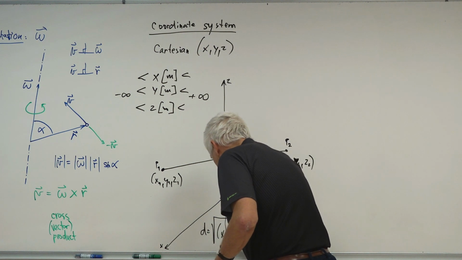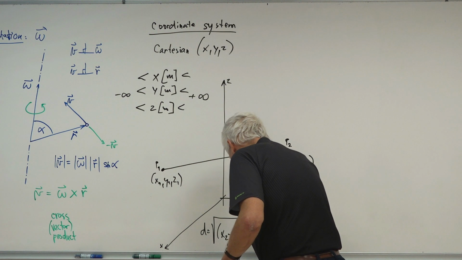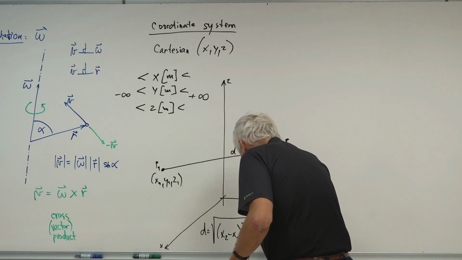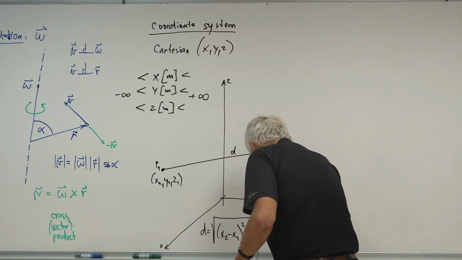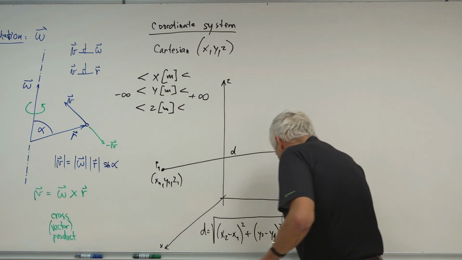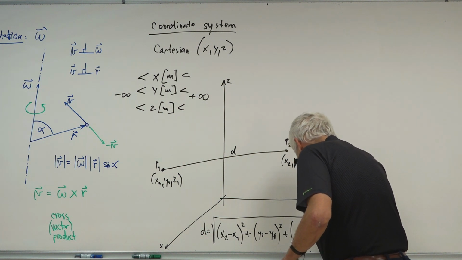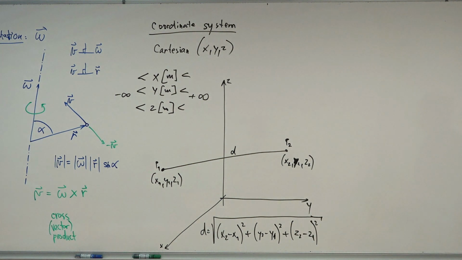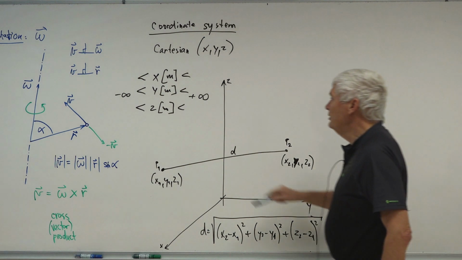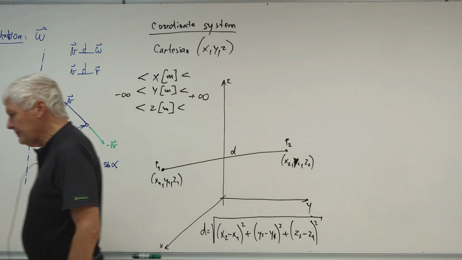So we can calculate the distance using the Pythagorean theorem: the difference in the x coordinates squared plus the difference in the y coordinates squared plus the difference in the z coordinates squared. We can only have distances because all the coordinates have metric units here.